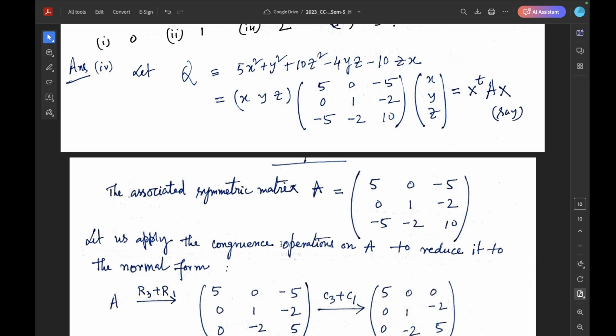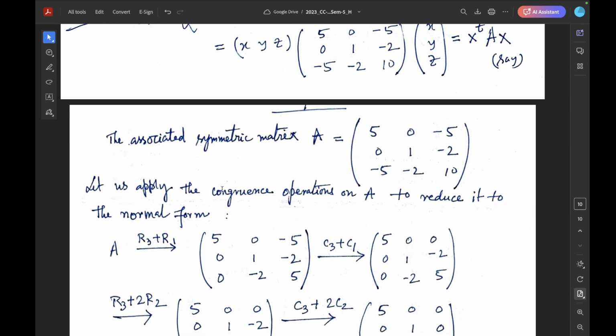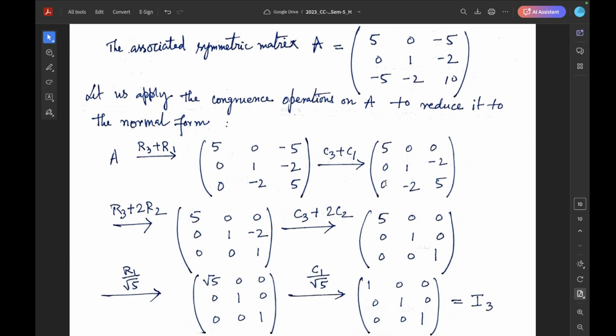Let us apply the congruence operation on A to reduce it to the normal form. Apply R3 plus R1, adding the first row to the third row, so we get this. Next, a similar operation on columns, C3 plus C1, adding C1 to C3, so new C3 is this.